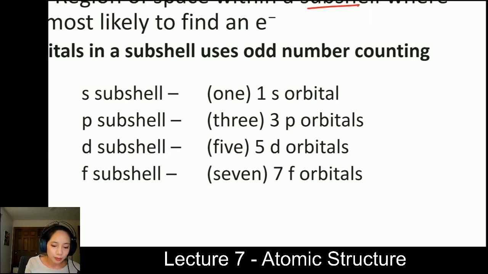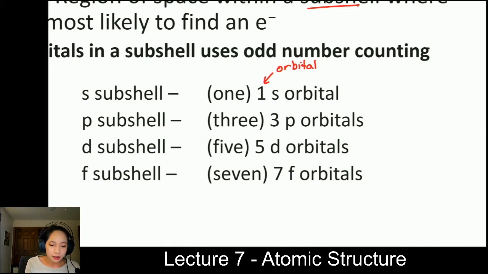This is our third quantum number. Within the p subshell, there are 3 possible p orbitals. Within the d subshell, there are 5 different orbitals. And with our f subshell, there is a possibility of 7 different f orbitals within that subshell.